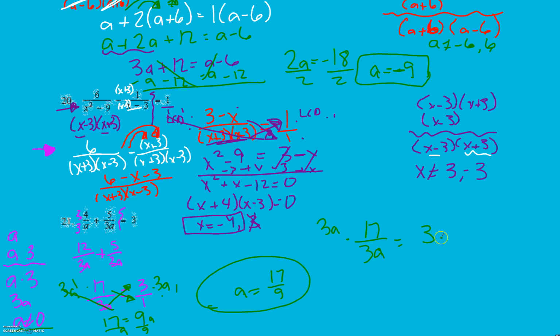When we have a fraction and we don't want it, we just multiply by the denominator to get rid of it. 3 cancels, a cancels, I'm left with 17 equals 9a. Divide, and we get to here. So we could have started from the beginning by multiplying by 3a as well, and I would have had 17 equals the 9a there. So again, it does not matter which way you do those, as long as you get where you're going.